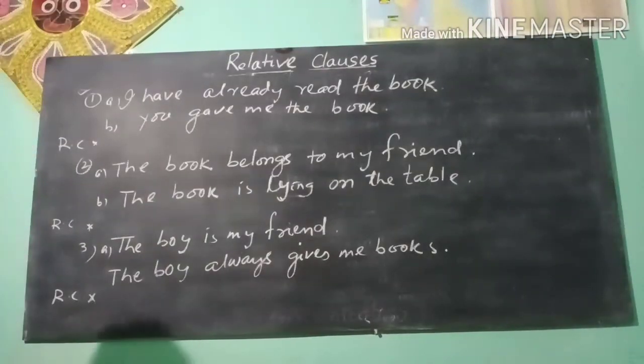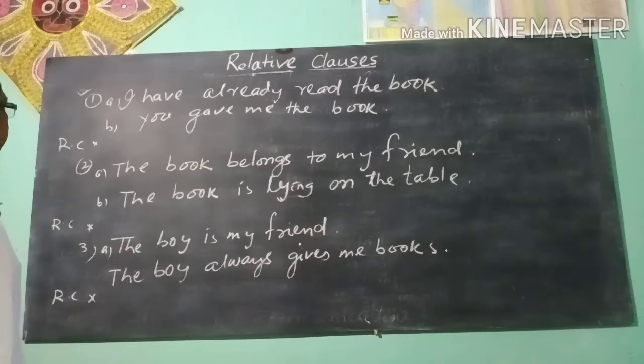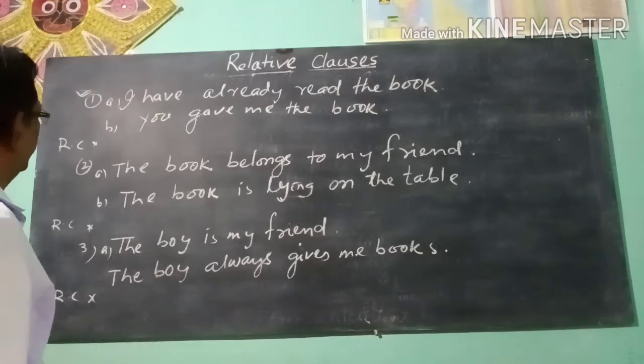Students, now you see how we form relative clauses from sentences. You see on the blackboard, there are two sentences. A, I have already read the book.